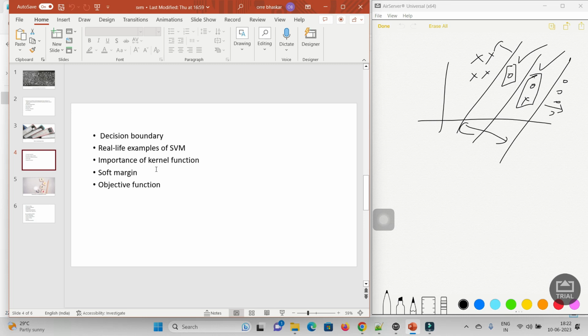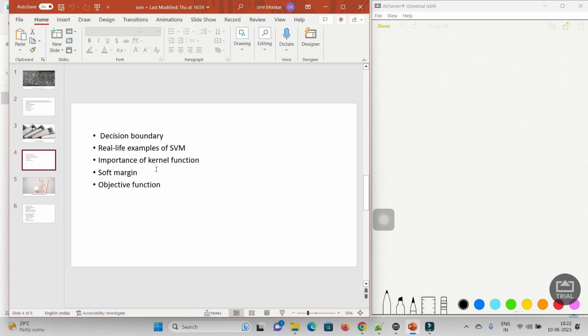What is our objective function? Well, we can define it as half into W into W, the weights, plus C into the slack variable. This is our objective function where C is a hyperparameter, and if C is large, then margin will be small, and if C is small, margin will be high.